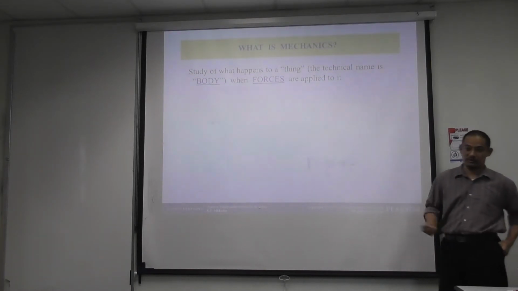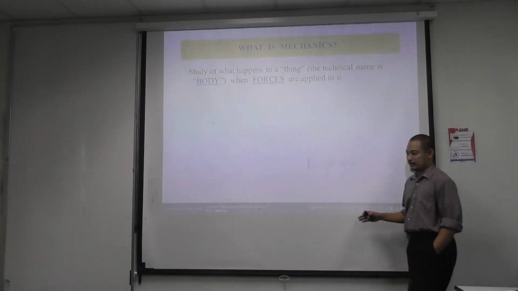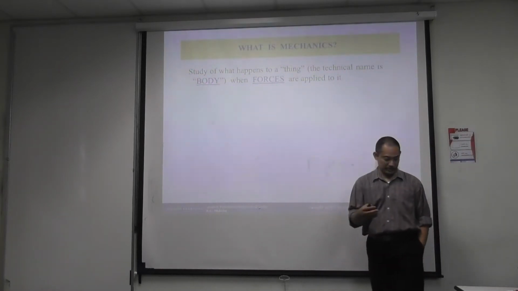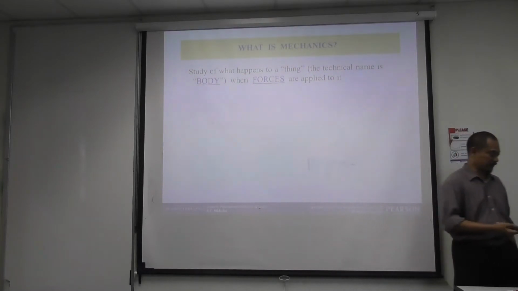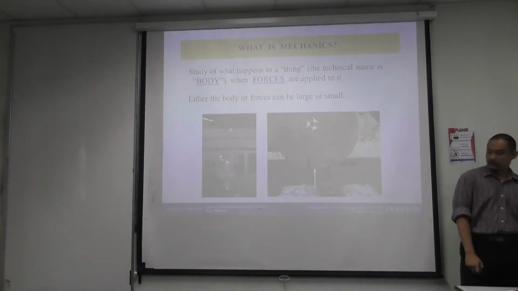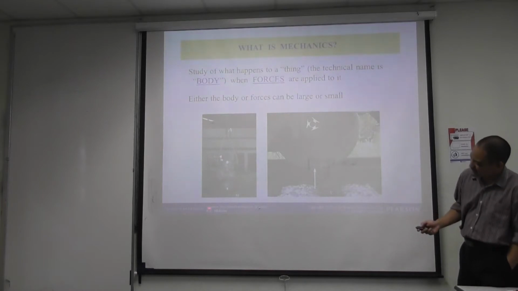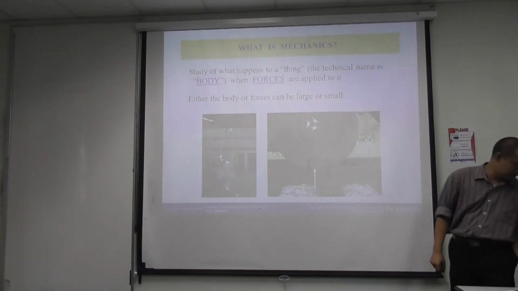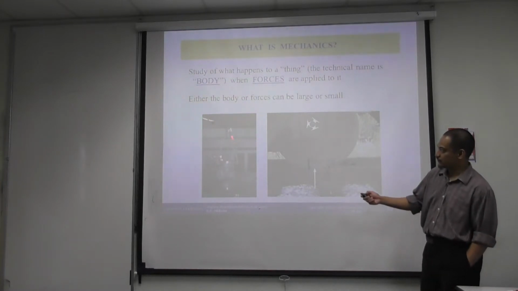And forces, I think you know what forces are. So what we deal with is anything that is under the application of force. When force is applied, what happens? The object can be small, big, of different types. This object is hanging from a chain.